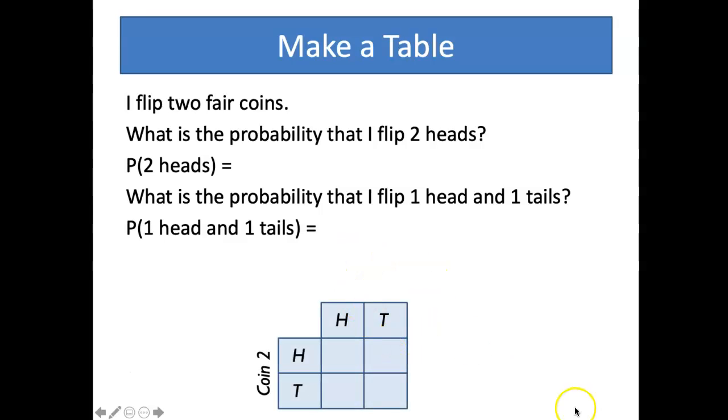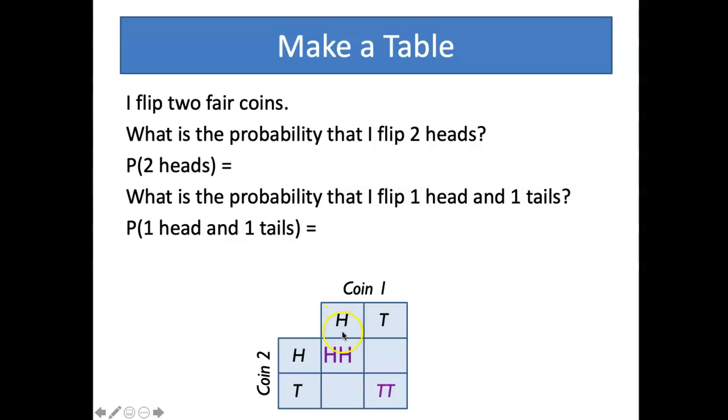Okay, so here I listed vertically for the first coin, a head and a tail, and then on top of the table is coin 1. By having this table, you can have this T and T over here, they meet, so tail and tail.